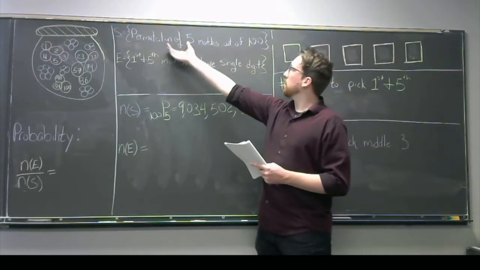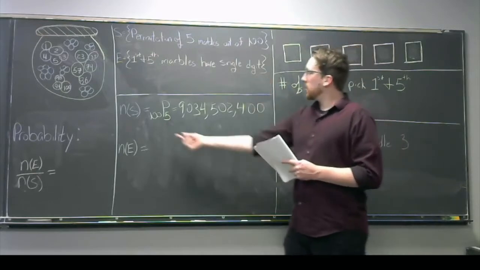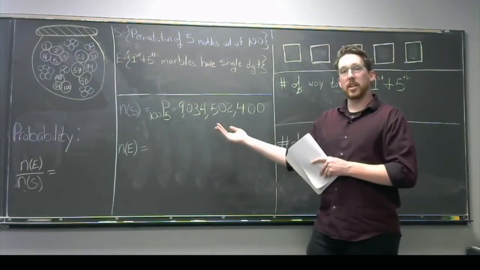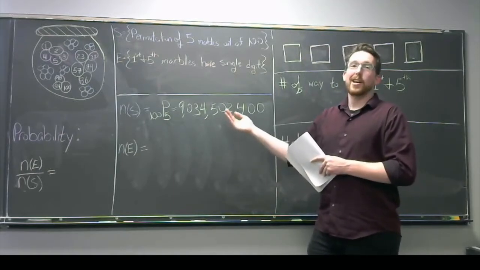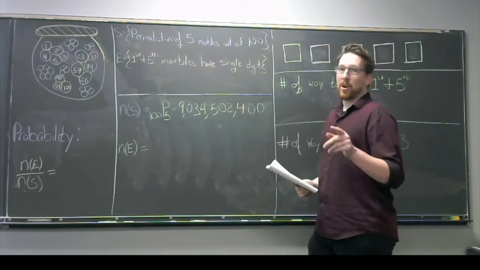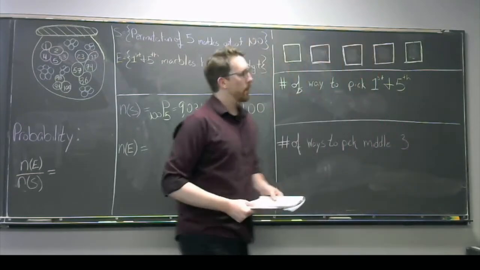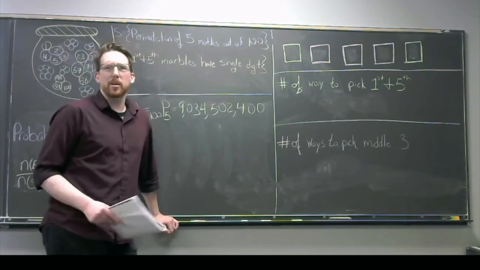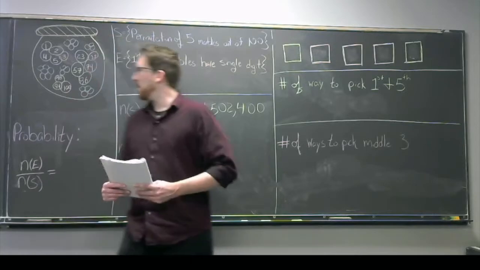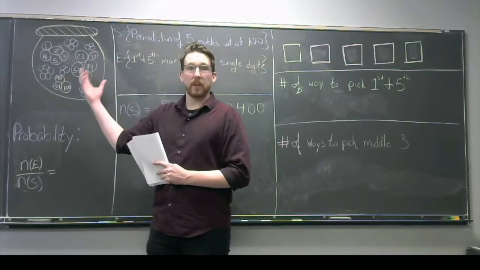It states itself pretty clearly here: it's a permutation of 5 marbles out of 100, so that's going to be 100 pick 5, which is, as you can see, a giant number: 9,034,502,400. A lot of different ways that can happen. And that makes sense, right? We're picking 5 of these out of 100, so of course there's going to be a bunch of different ways we can do that.